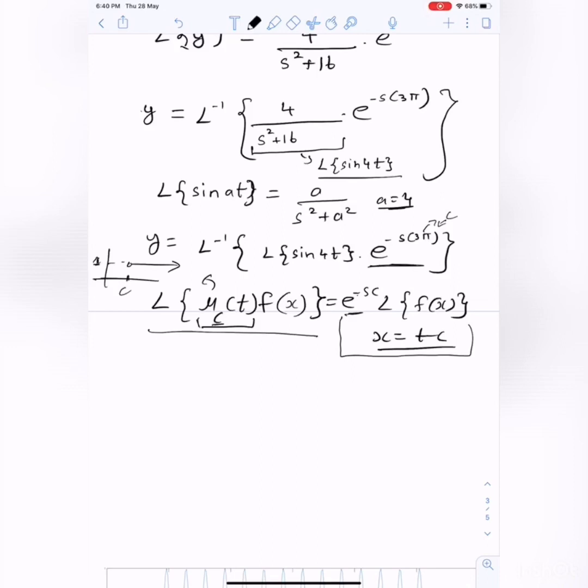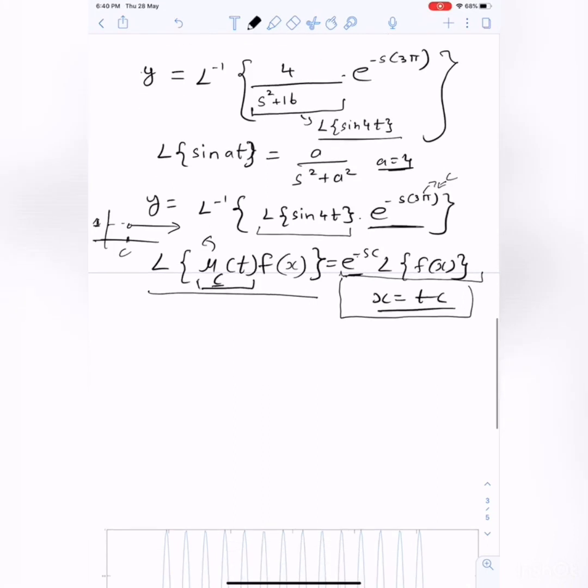Here we have a Laplace transform of sine of 4t. It's very similar to the form of these two. So we are free to replace this entire term with this term over here. We'll replace the Laplace of sine of 4t into e to the power minus s times 3 pi with this term over here.